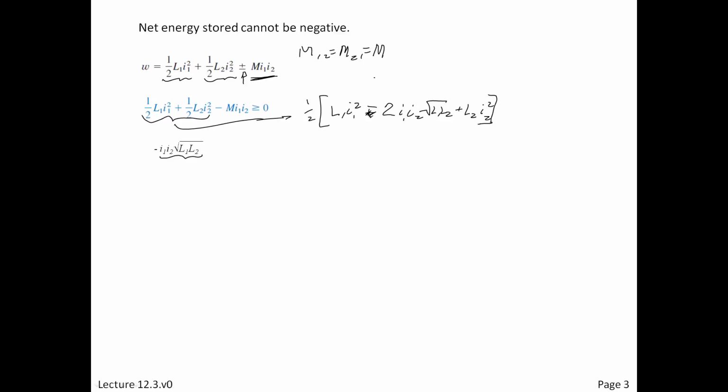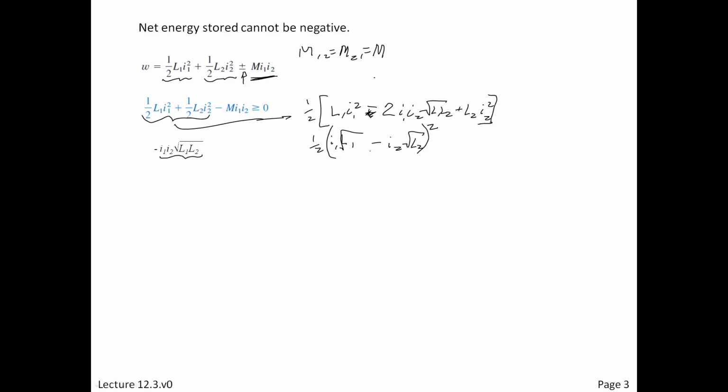Okay, and so what I'm going to take advantage of, obviously, is the fact that I now have something that looks like 1/2 times what? I1 times the square root of L1, minus I2 times the square root of L2, squared.